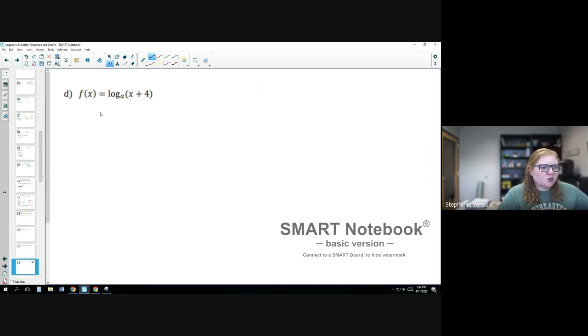Okay, so let's take this one. F of x equals log base a of x plus 4. Well, since the plus 4 is inside of the parentheses, I know that that indicates a shift to the left or the right. And since it's plus 4, I'm going to remember from my lesson on transformations that that would be a shift to the left 4. So I'm going to say that this function has been vertically shifted.